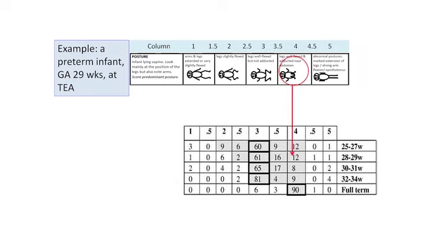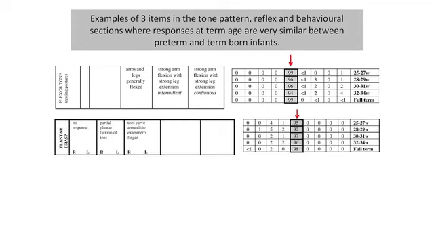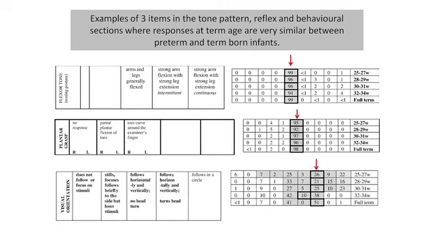If the infant had a response in column 4, this would also be in the expected range, though at the upper end, and the score is also 1. For this and many other tone items, most infants born preterm score in column 3 at term age, 1 column less than that for newborn term infants. For other items, for example in the tone pattern, reflex and behavioural sections, the median scores are similar.